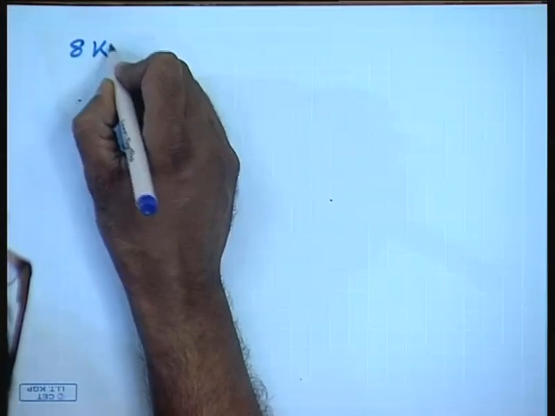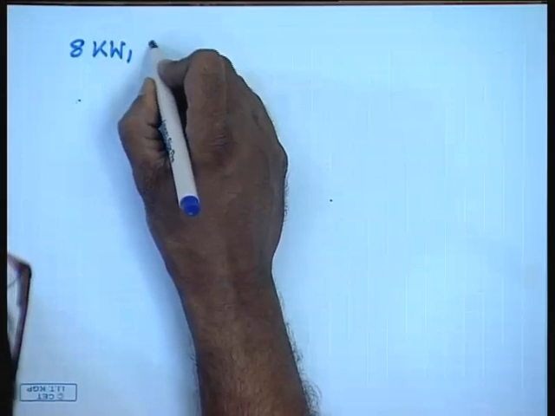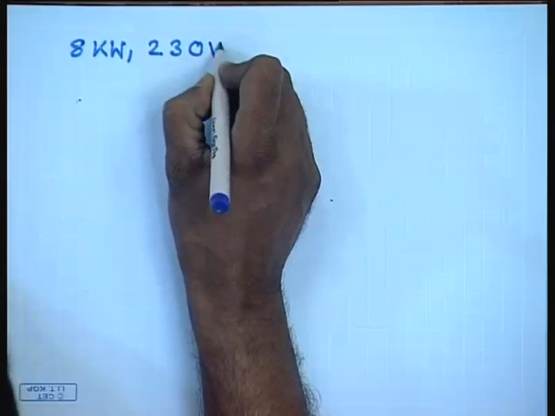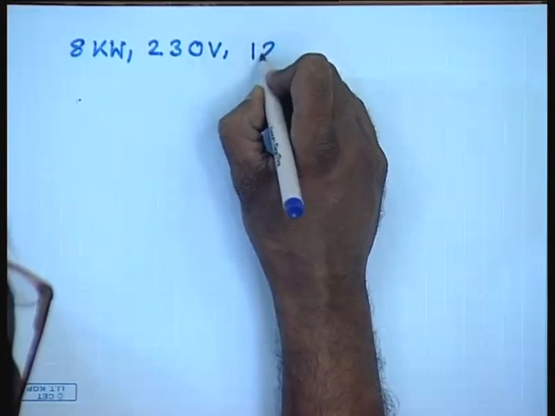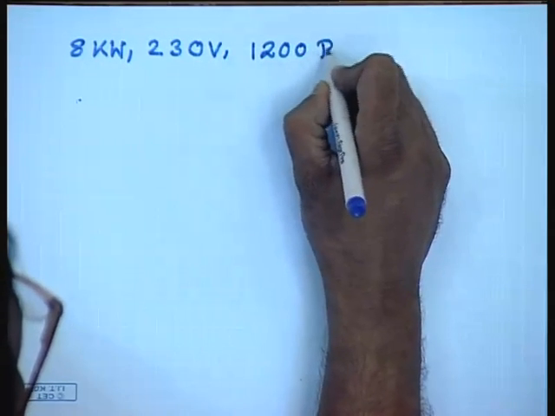Let us say we have a DC machine, eight kilowatt, 230 volt, 1200 RPM.